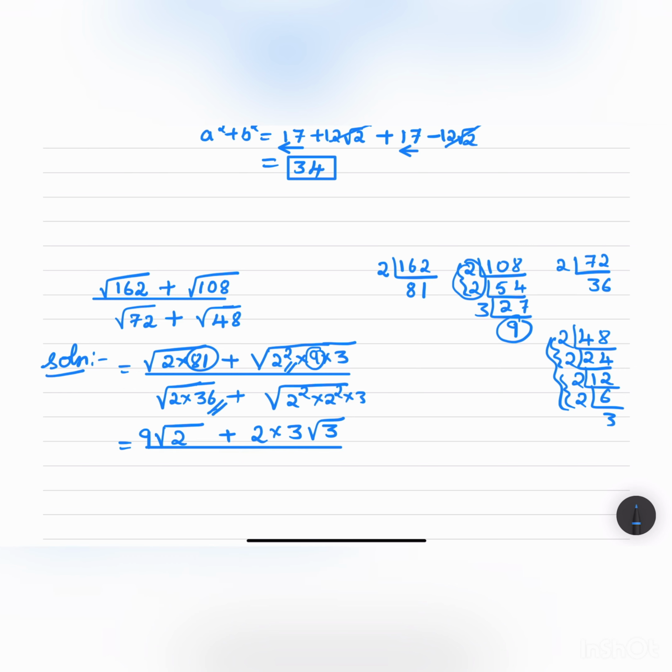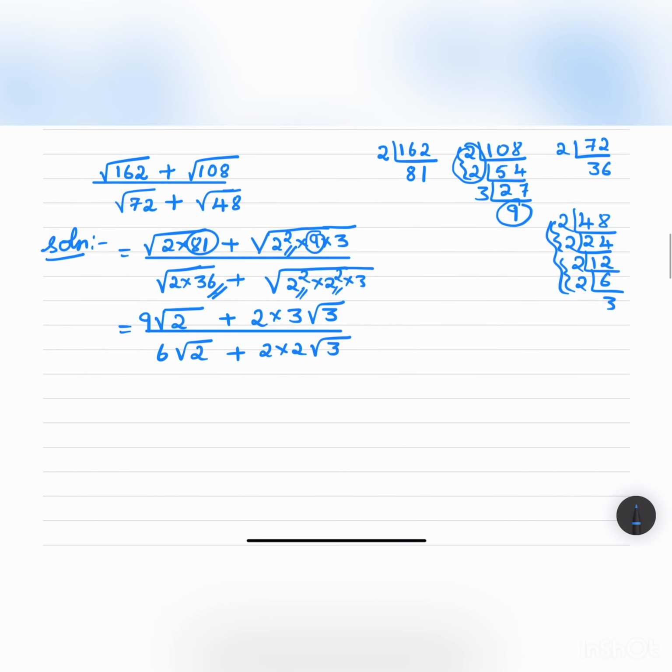And this 36 square root is 6, root 2 inside the root. Then 2 square and 2 square we have 2 into 2, and inside the square root we are left with 3. Now this is 9 root 2 plus 6 root 3 divided by 6 root 2 plus 4 root 3.